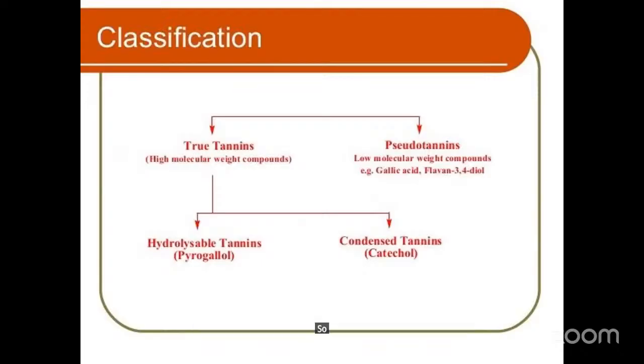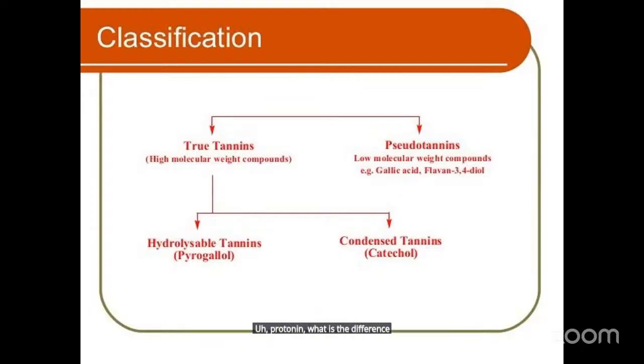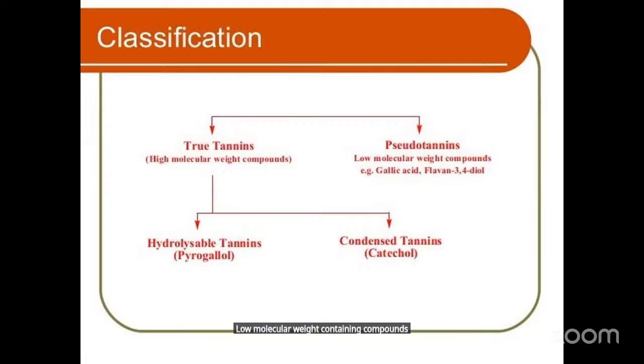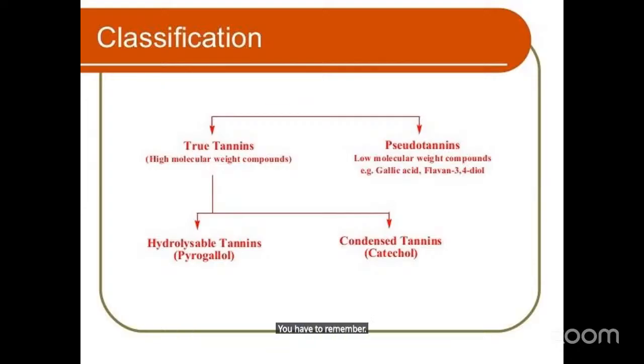There are two types of the tannin. One is a true tannin, another is a pseudo tannin. What is the difference between true and pseudo tannin? It depends on their molecular weight. The high molecular weight containing compounds are called as true tannin. Low molecular weight containing compounds are the particularly pseudo tannin. Well-known example of the pseudo tannin is a gallic acid. You have to remember gallic acid is a pseudo tannin.